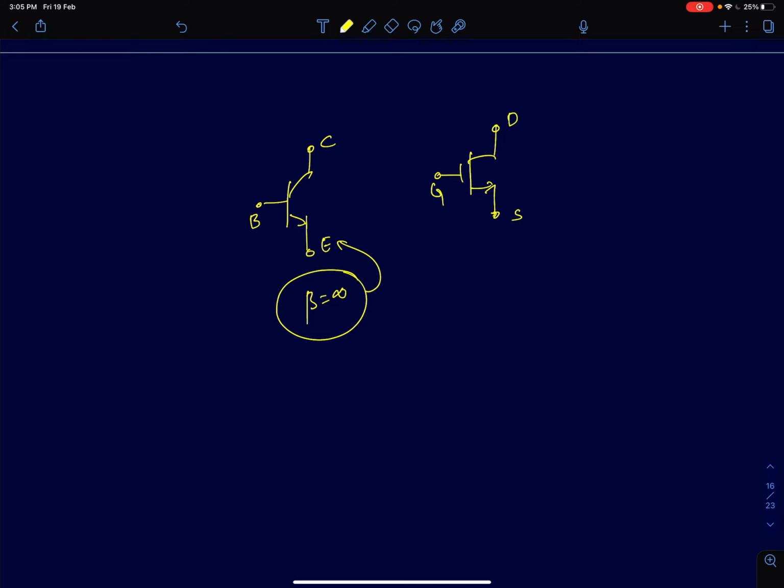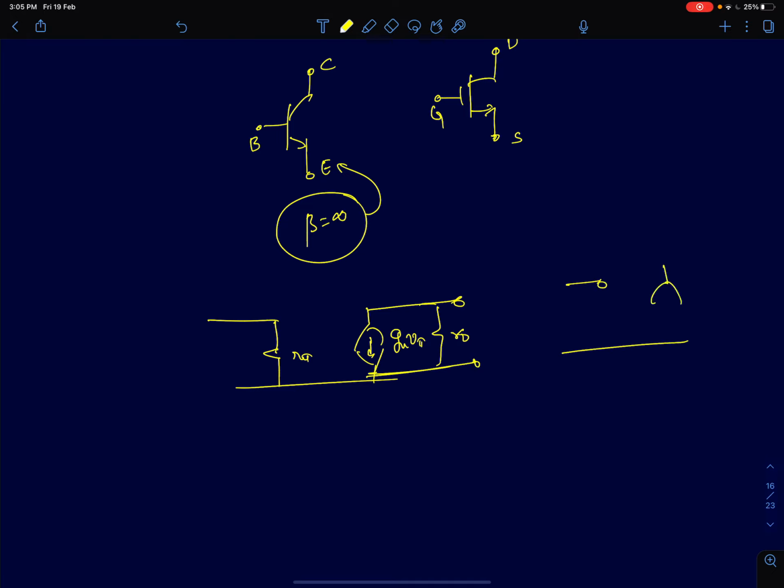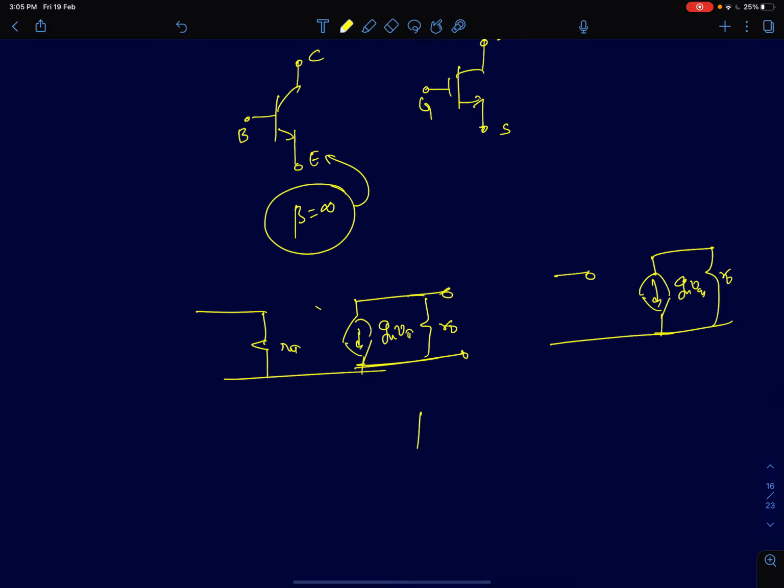Once you apply very small signals and draw an equivalent small signal model for a BJT, the pi model looks very similar to that of a MOSFET. In fact, it looks exactly the same as that of a MOSFET, at least as far as the output terminal is concerned. Now, these two models are equivalent if I make this assumption, beta tending to infinity.